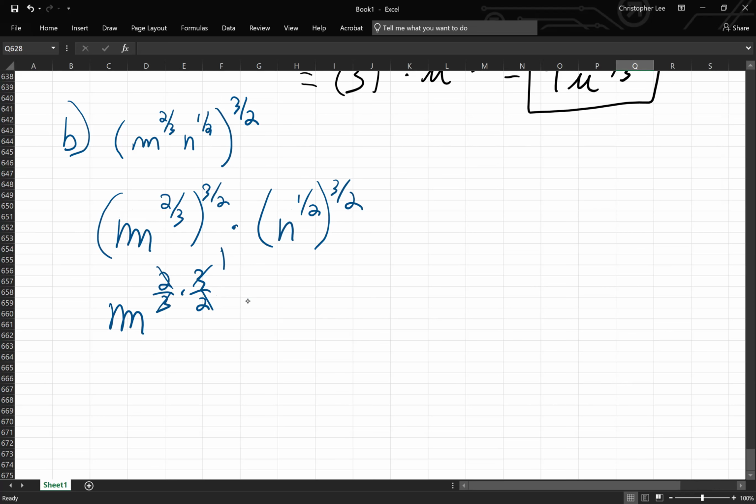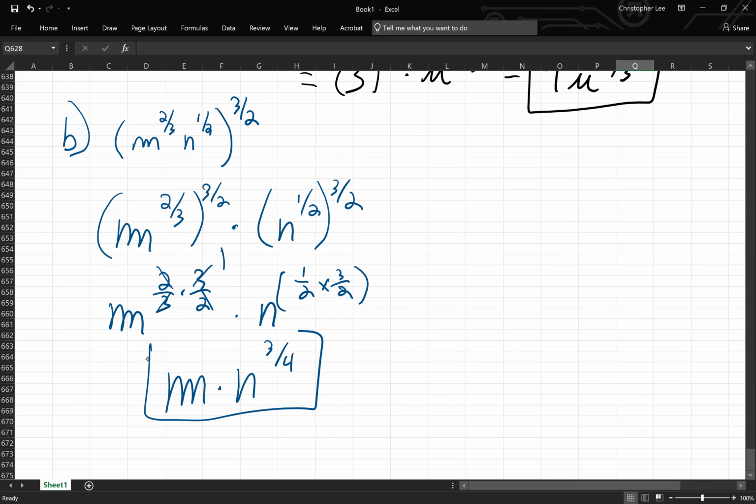That's just one. And then we have n to the 1/2 times 3 over 2. So now we have what? M times n to the 3 over 4 power. And that's it. Questions on this, anybody?